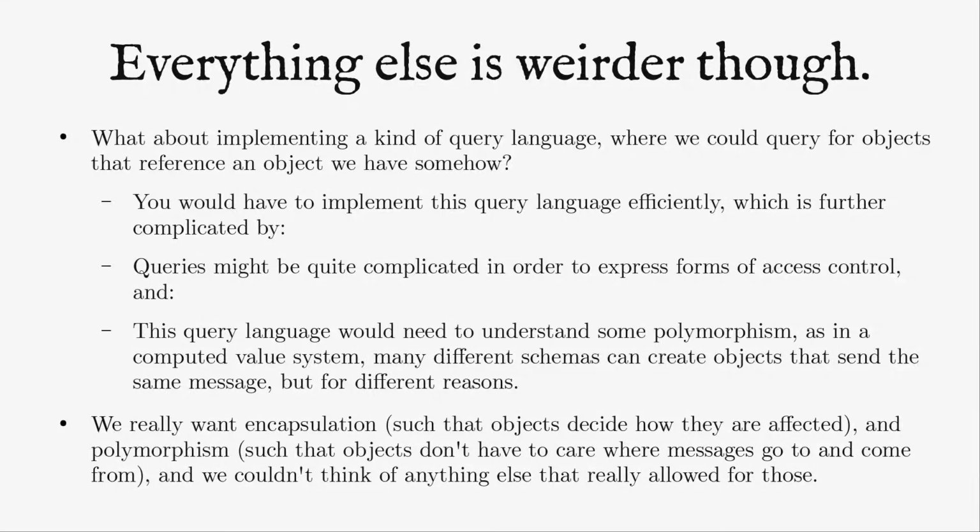As well as this, we also miss out on the polymorphism, because the query language would have to be able to understand many different situations, and in a computed value system like the one we just described, many different scripts can be used in different objects that end up sending the same message, but for completely different reasons.